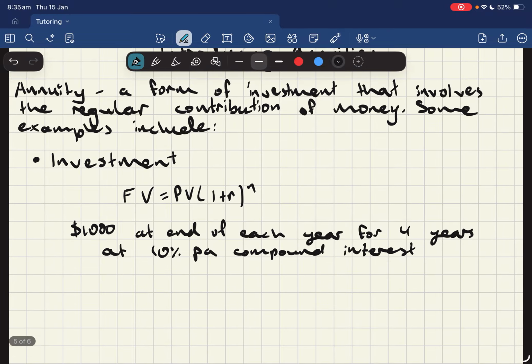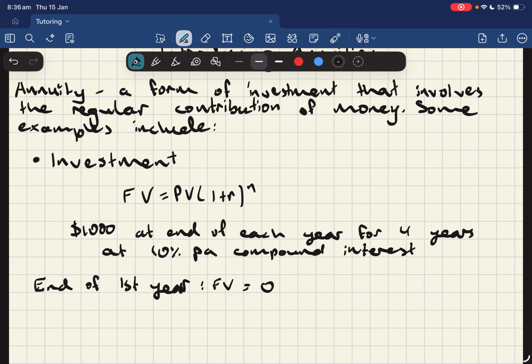So at the end of your first year, right at the start of the account, you open the account with no money, right? So we would have basically your future value would equal the thing you start off with.